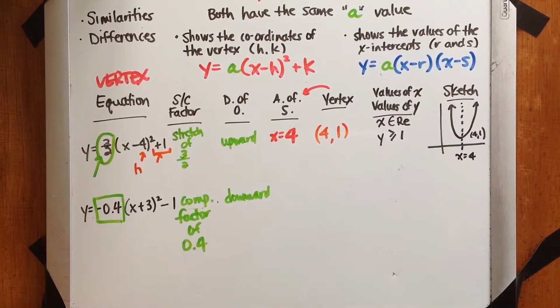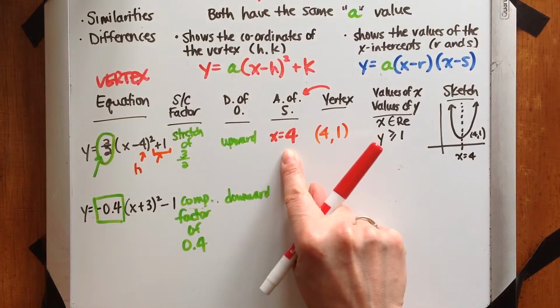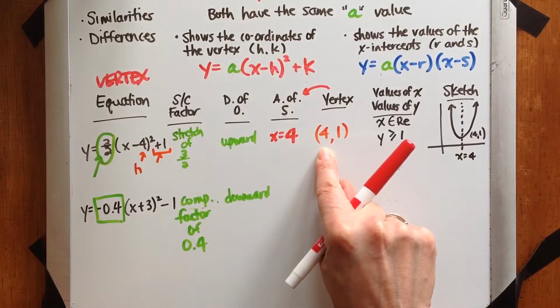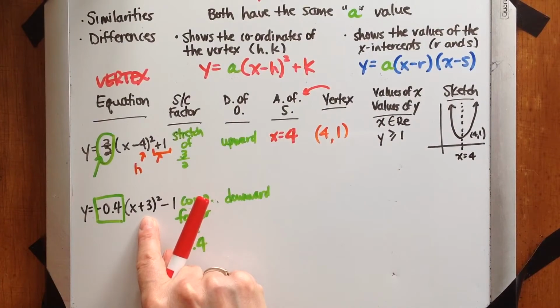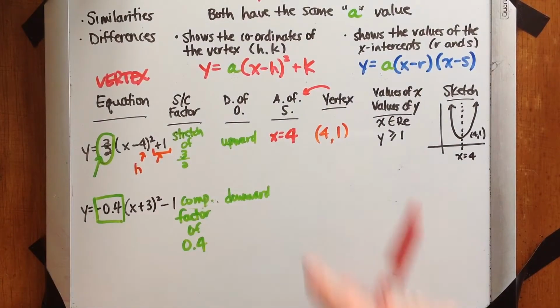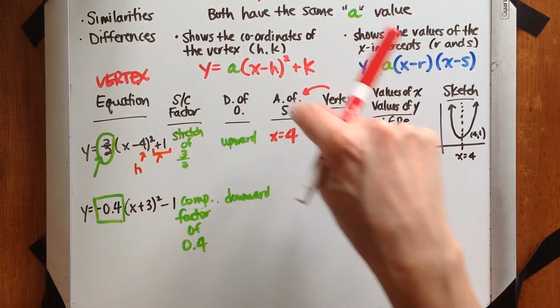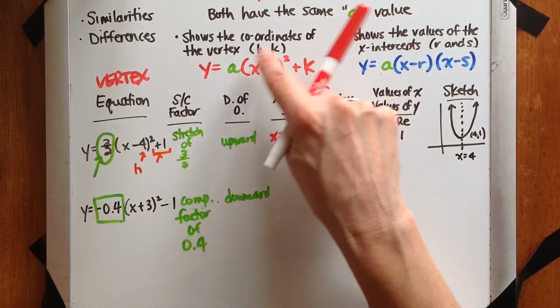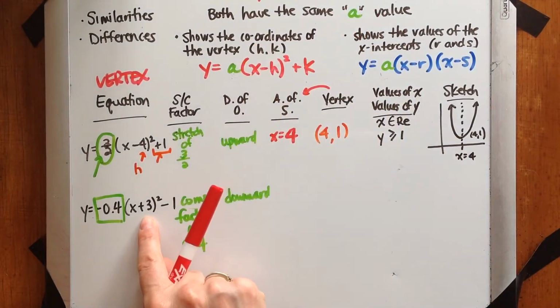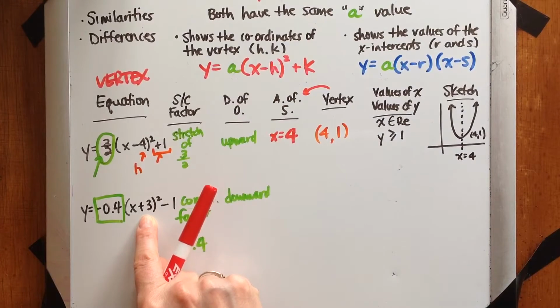Next, it asks us for the axis of symmetry. Well, we realize that it's the same as the x-coordinate of the vertex. Maybe this time we could get it right from here, because we know that h is the value here. But we have to think about what value of h will give us the sign that's overall. Or think of it that h is the opposite of what you see.